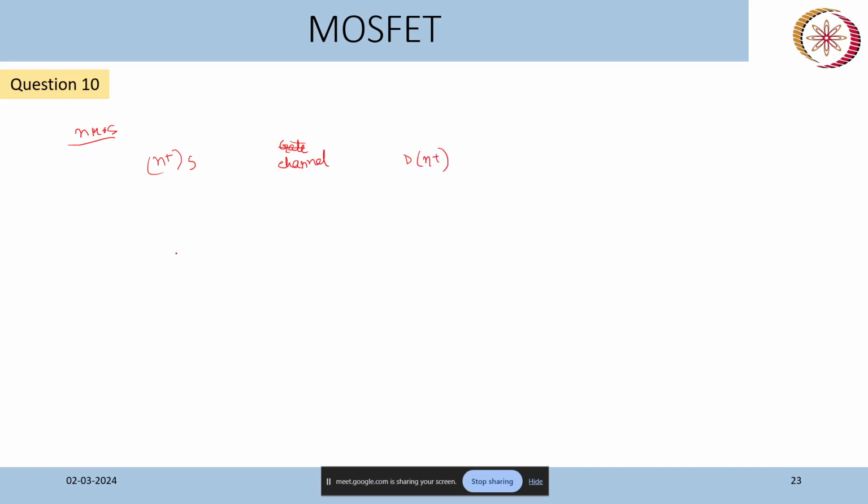The band diagram, if there is no voltage drop, has the Fermi level, and EC and EV will be like this because this is p silicon. This is not a very good diagram, but you can get the idea.